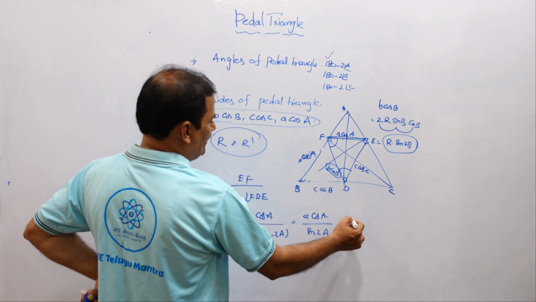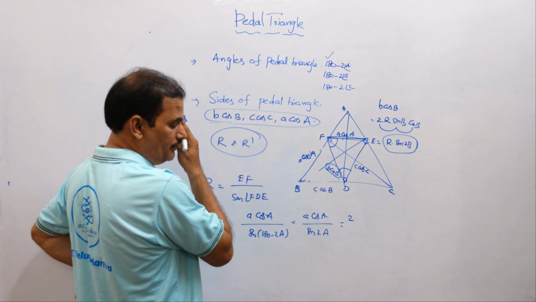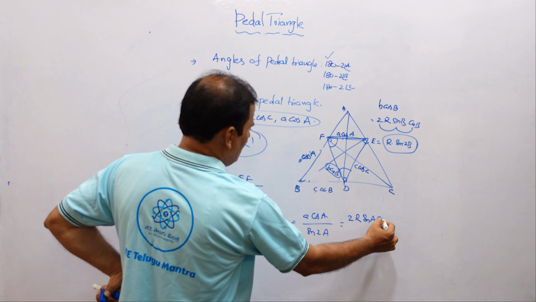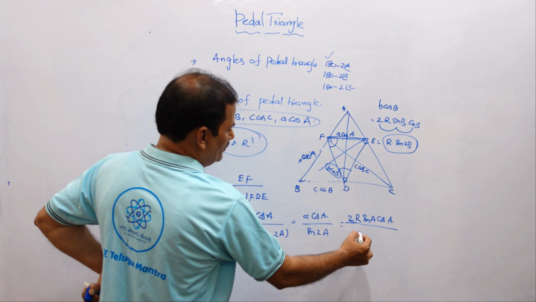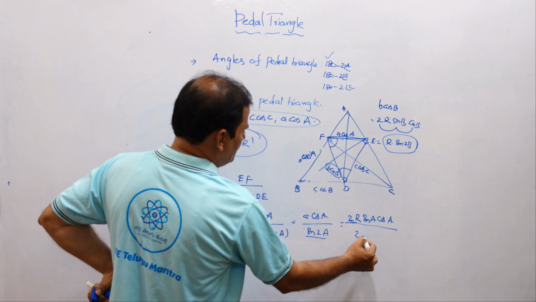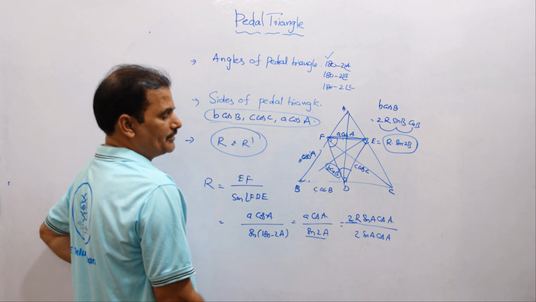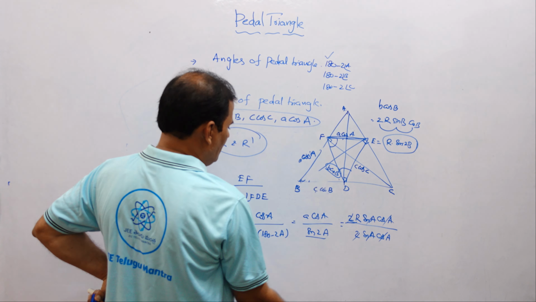Now here A in terms of 2R sin A. 2R sin A cos A. Because by using sin rule, sin 2A means 2 sin A cos A. 2 cancel, sin A cancel, cos A cancel.